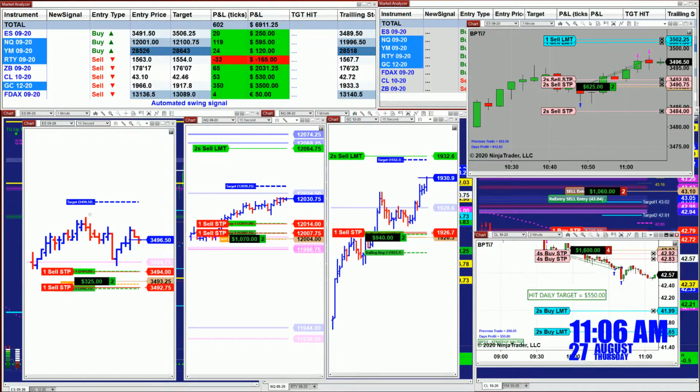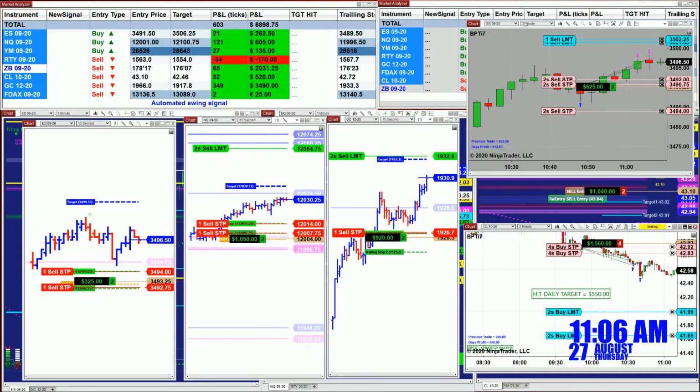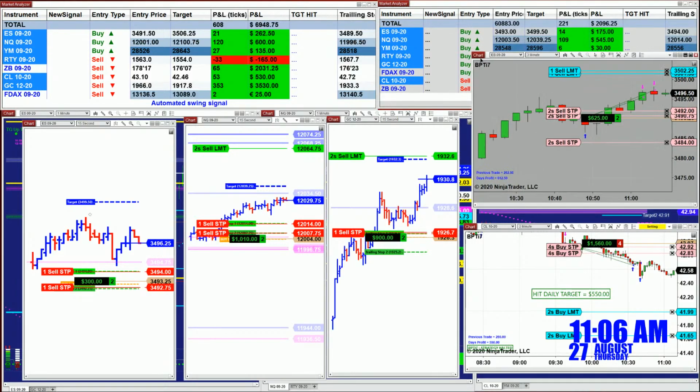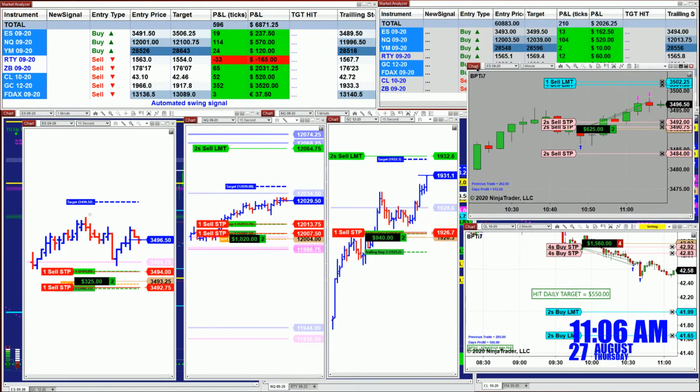We have the TI7 CL. It's not going anywhere. And we have the TI7 automated trade on the ES.